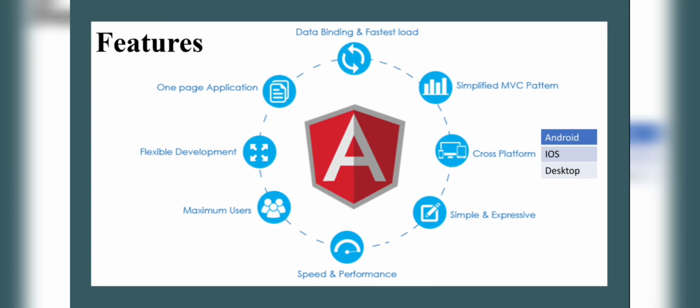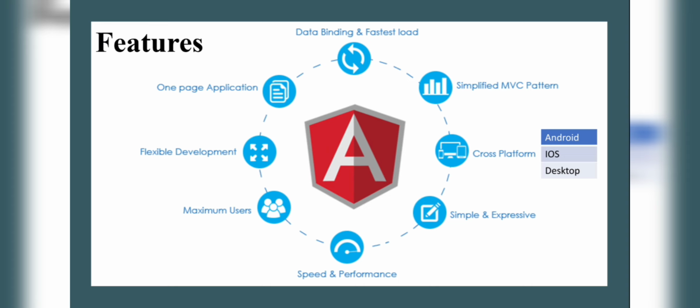Let's look at the features that are available in Angular. It has data binding and fast loading. As we see, single page web applications load fast, because we are only changing the dynamic part, right? So it is very fast compared to other technologies. It uses a simplified MVC pattern, that is the model view controller pattern.